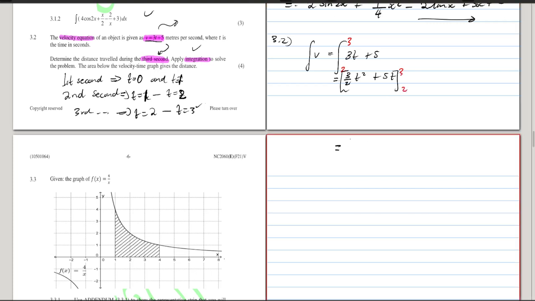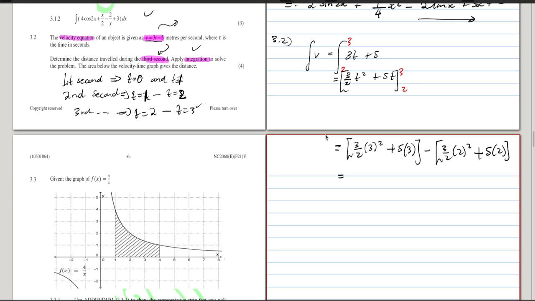And then we substitute 3 over 2, 3 squared plus 5, 3, minus 3 over 2, 2 squared plus 5, 2. Then we go ahead and calculate.